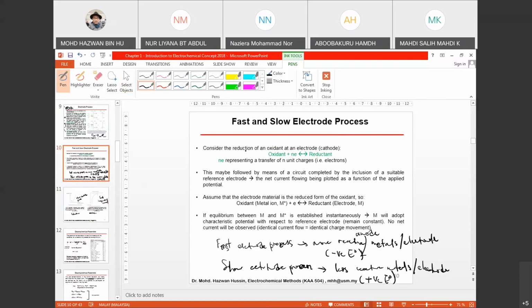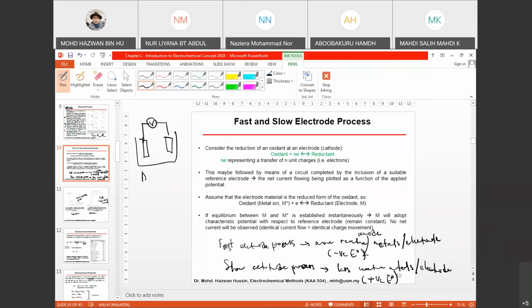Another example, I give you the same example. You have aluminium again and iron. First, how do we indicate that it is anode or cathode? As I said, this one, the standard potential is minus 1.1 volt, and this one is minus 0.5 volt, or 0.4, right?